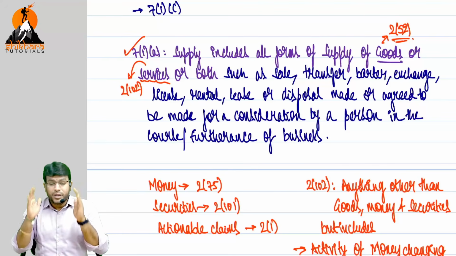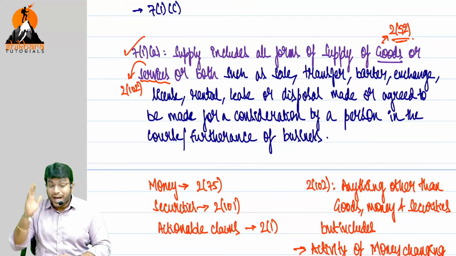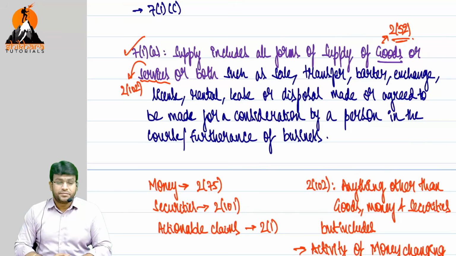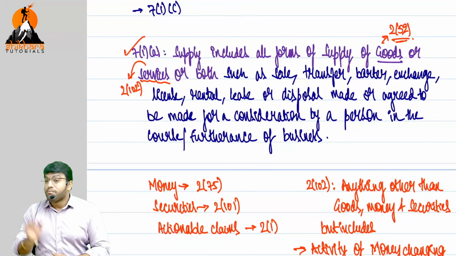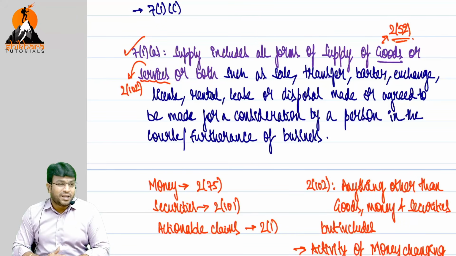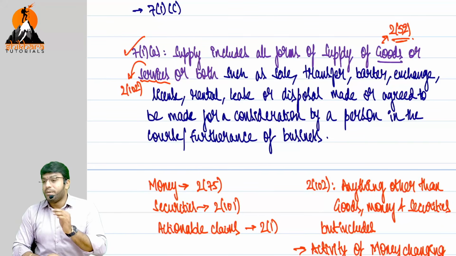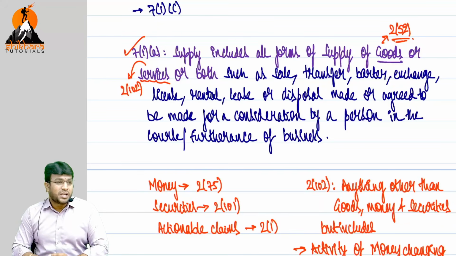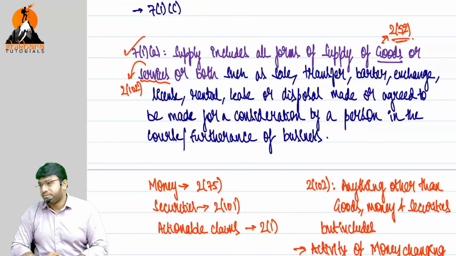Goods cover every kind of movable property other than money and securities, but includes what? Actionable claims.